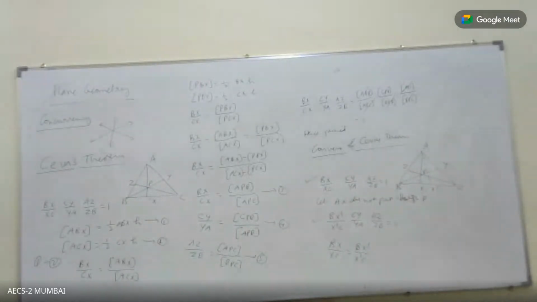Now let us use this theorem. So where shall we use it? We can go back to the basic first question: altitudes of a triangle are concurrent. So let us try to prove that by using Ceva's theorem. That is the next question.